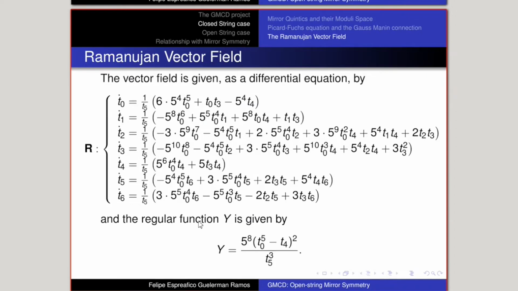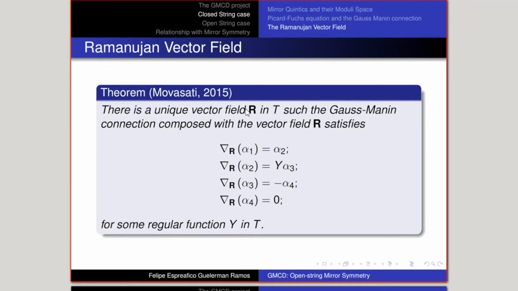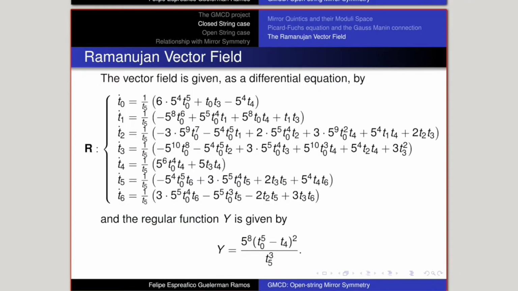And this function y, I mean, there's a unique vector field, and also this function y is unique, right? For some regular function. In the end, the vector field is given by this expression, and the function is given by this expression.